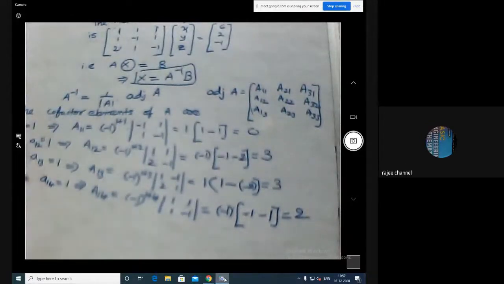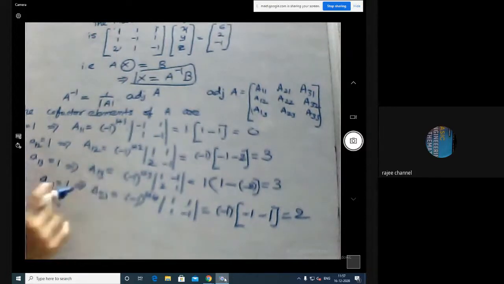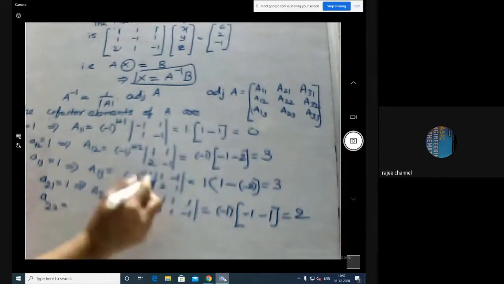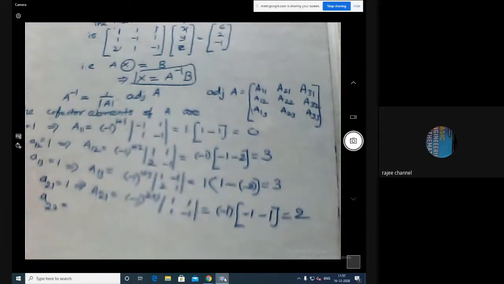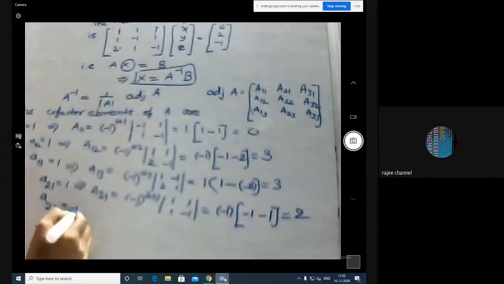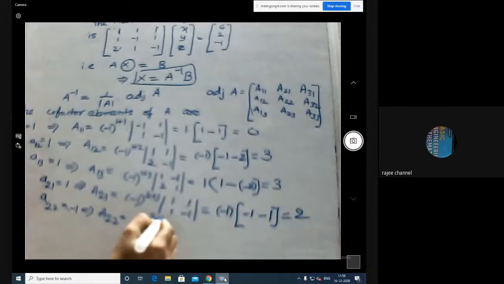Next, A15, or rather A21. Next A22, 2 plus 2. Okay. A22 is equal to -1, which implies capital A22 equals -1 whole to the power of 2 plus 2.